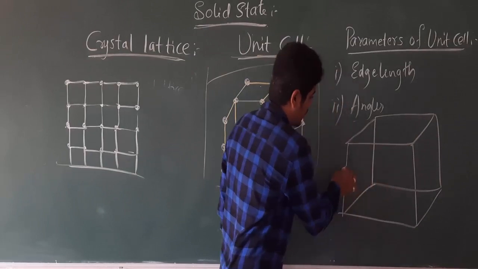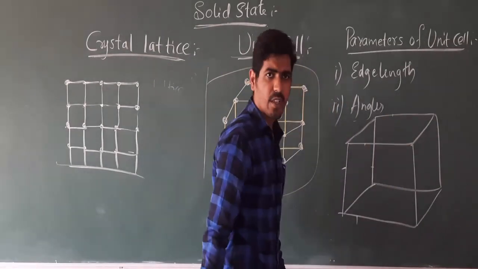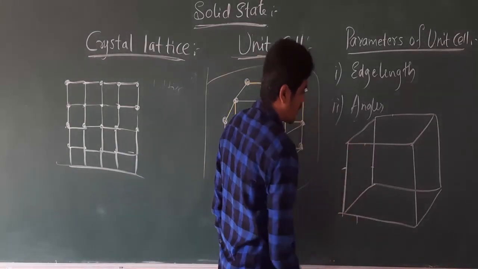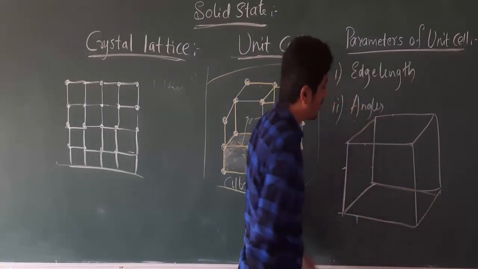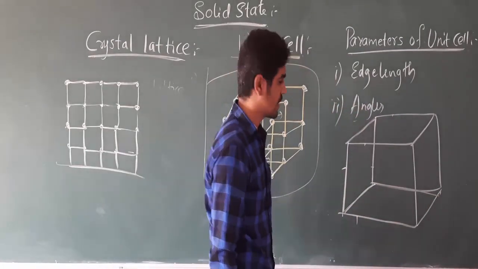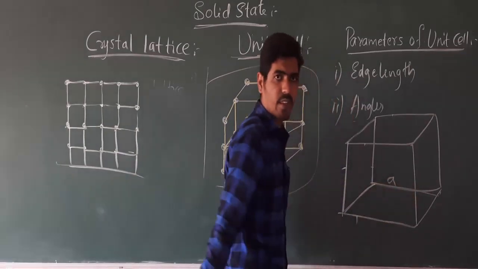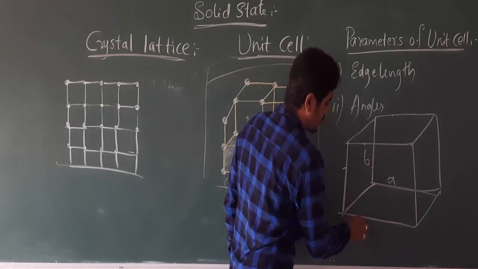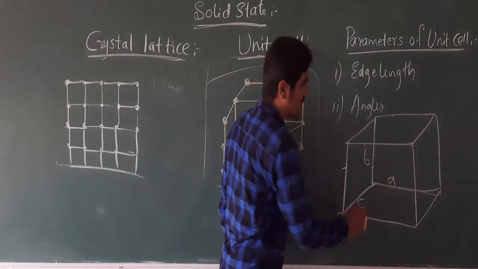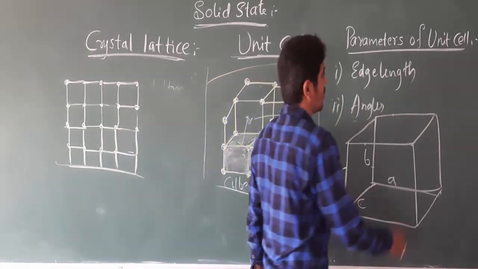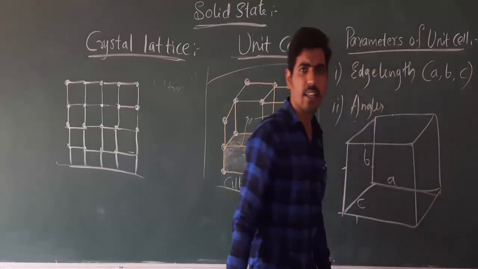Now these edges will represent edge lengths. So this edge, this is also an edge, this is also an edge. These are different edges of the unit cell. So I will call this edge A, this edge B, and this edge C. So A, B, C are the edge lengths.